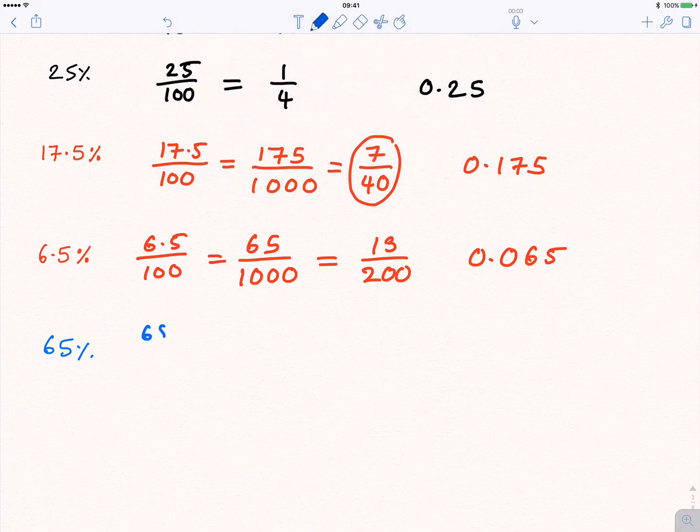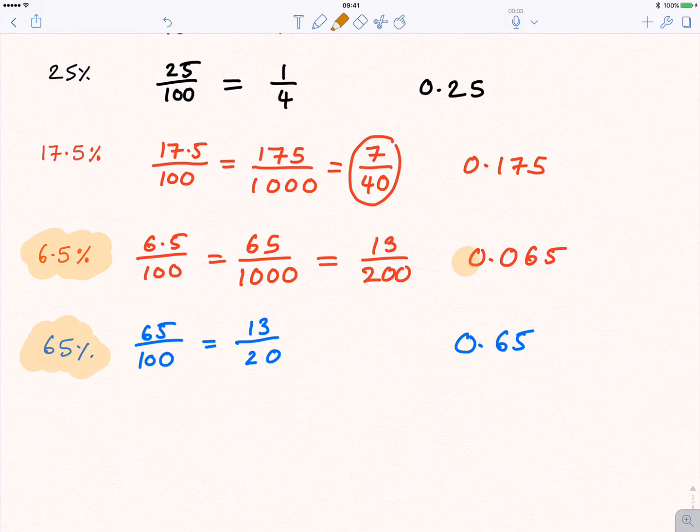Now, 65% is just 65 over 100, which can be simplified. We can divide the numerator and the denominator by 5, so that becomes 13 over 20, 13/20, and as a decimal is 0.65. Now I want you to notice the difference between 6.5% and 65%. 6.5% is 0.065 and 65% is 0.65.